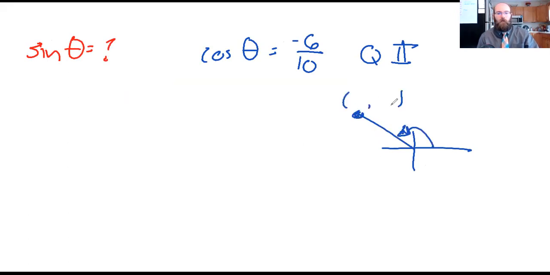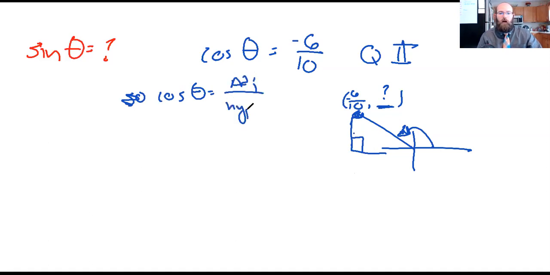And I know my x coordinate is negative 6 over 10. I don't know my y coordinate. Well, folks, let us build a triangle, right? Because I know cosine theta equals adjacent over my hypotenuse side.